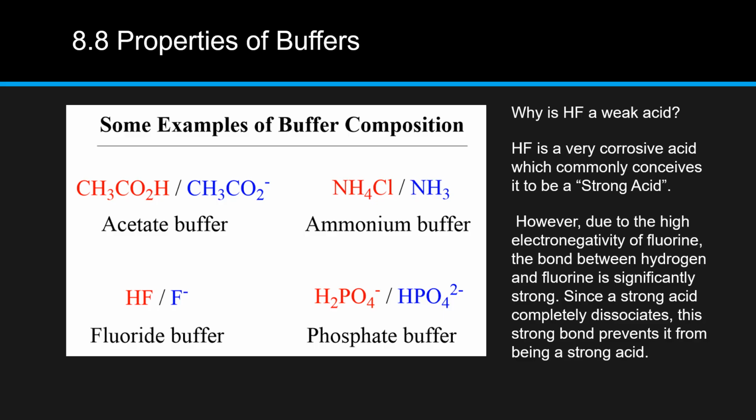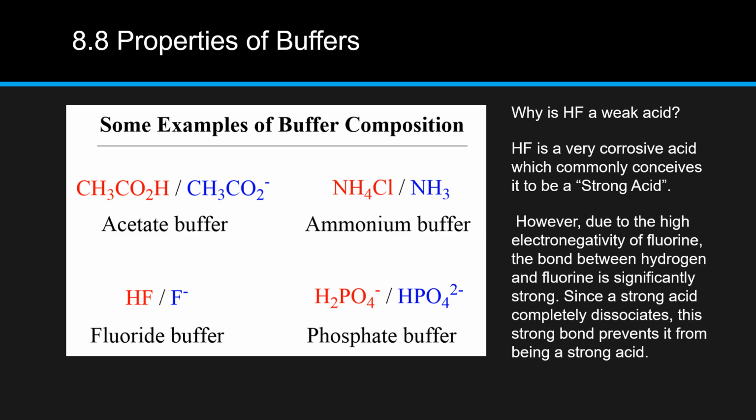And the phosphate buffer is made up of H2PO4- and HPO4 2-. The key thing to notice is that each pair differs by exactly one hydrogen ion, and that's how you know they are conjugates and can function as a buffer. Just keep in mind that the original has to either be a weak acid or a weak base. If it is strong, it is not going to form a buffer.